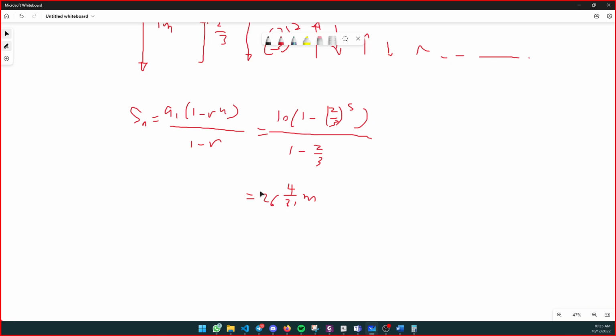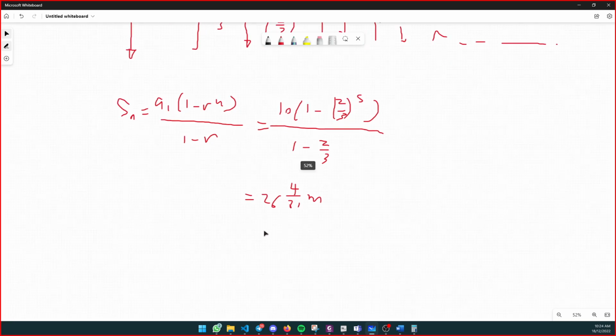They only ask for the travel when it hits the ground, the rebound. So you have to minus the 10. So the answer is 26 4 over 81 minus 10, so you'll get 16 4 over 81 meters.